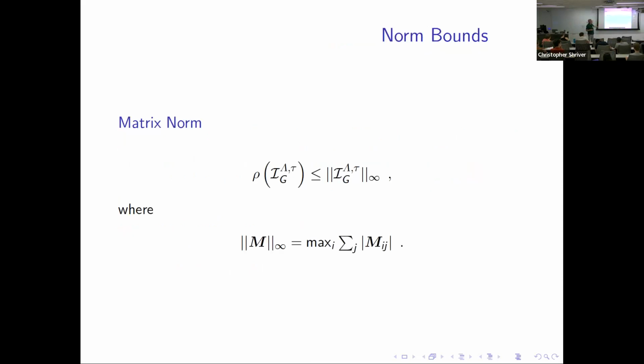So how do we bound the norm, the spectral radius, of the influence matrix? Basically, we use matrix norms. Classically, we use the infinity norm. The infinity norm of a matrix is basically the largest absolute row sum.